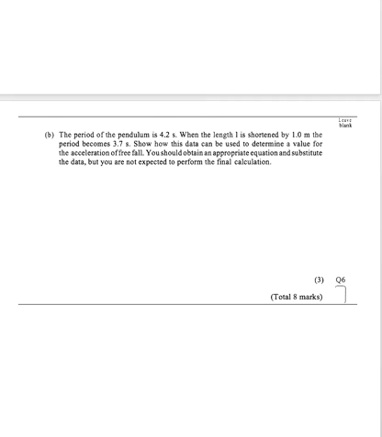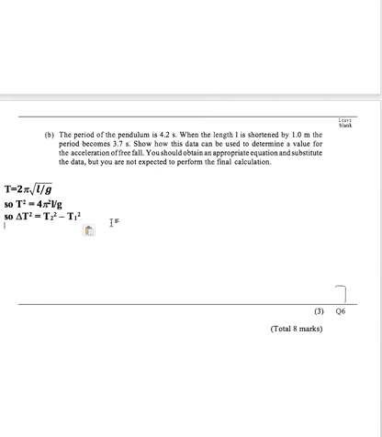So it seems sensible to start thinking about the period, because the period expression includes the length. And if we square that out as we did in the previous question, then we say, well, we've got two periods. So the difference in the square of the periods is T2 squared minus T1 squared.